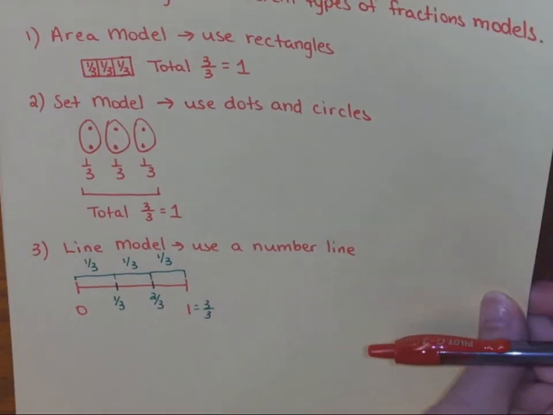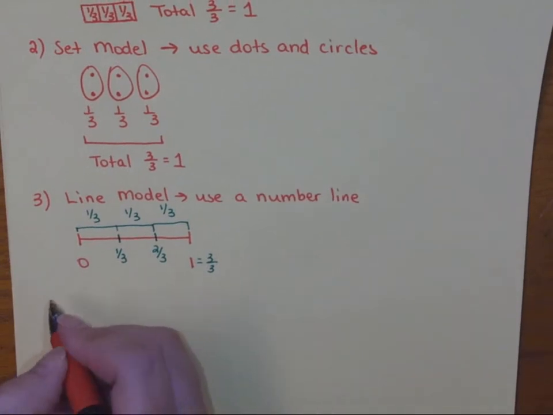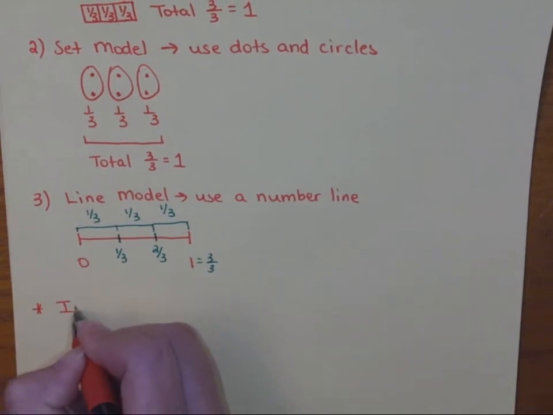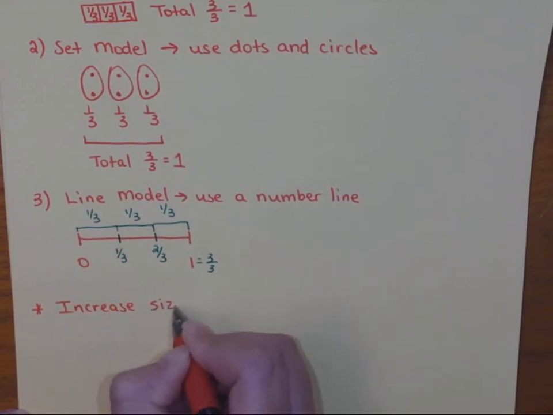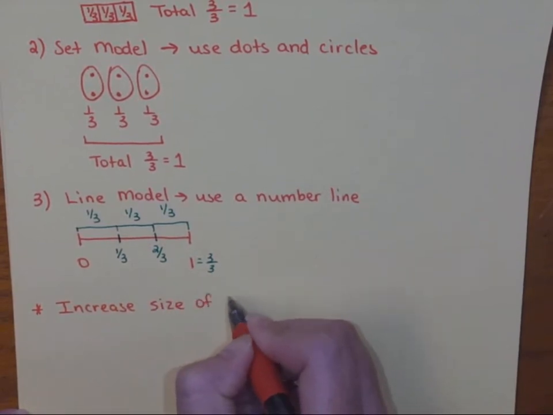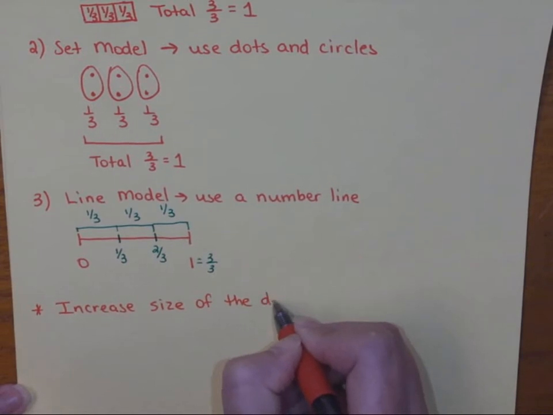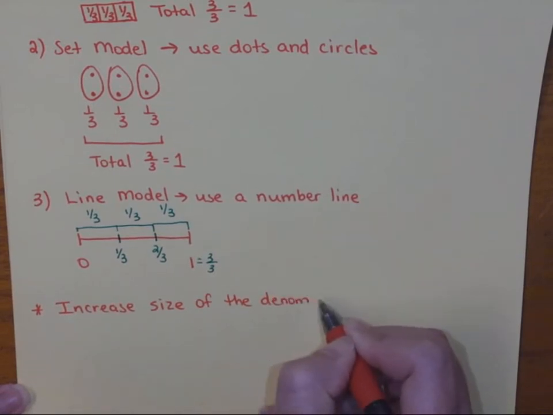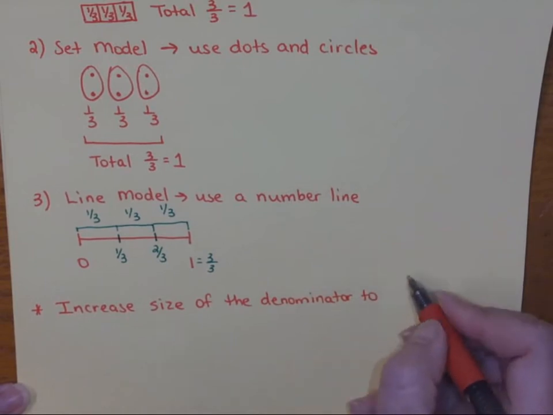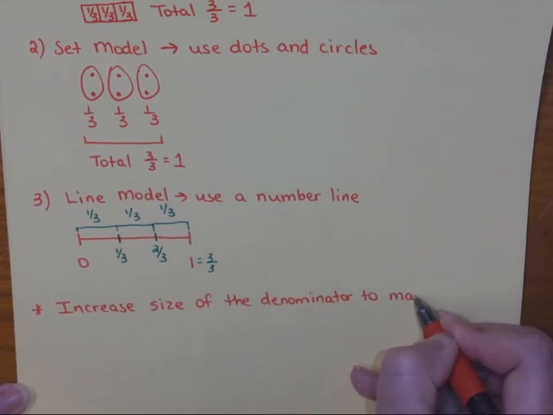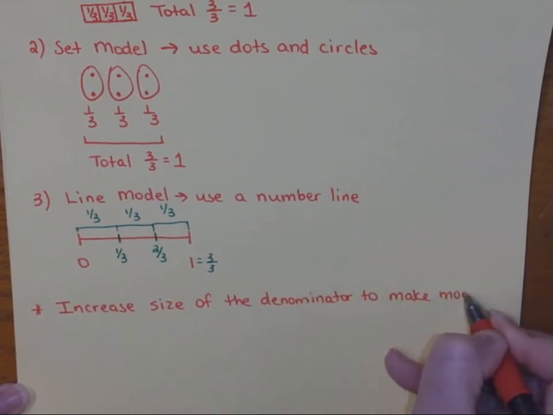Okay, so let's talk about how we can maybe discuss fractions just in general terms. So in general, when you increase the size of the denominator, then you'll make more pieces to the whole.